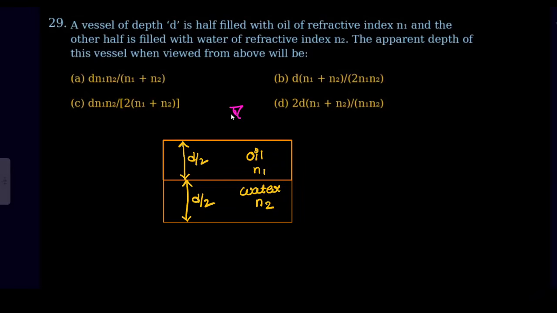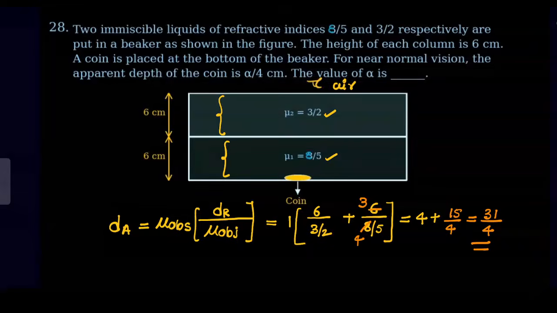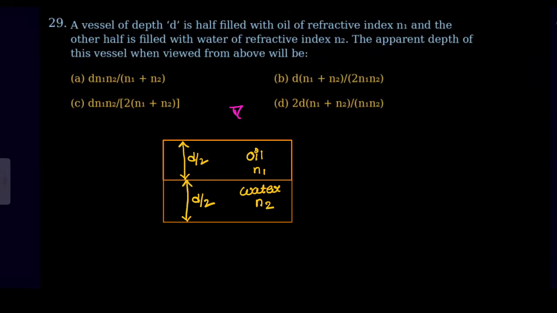I can explain. Yesterday we saw this problem. This is a similar kind of problem, isn't it? Yes sir, but it had values. So here N1 and N2 are given, so we can put N1, N2. The answer is in terms of N1, N2 only.